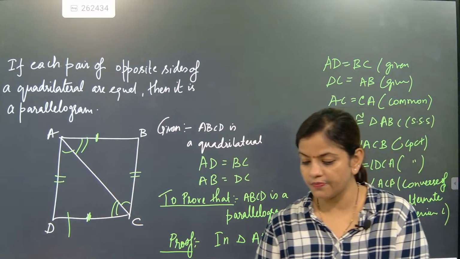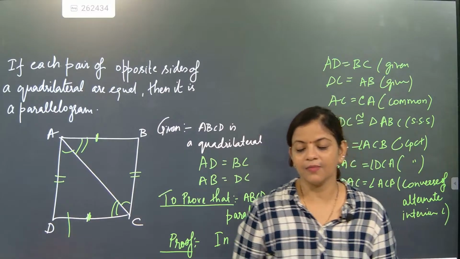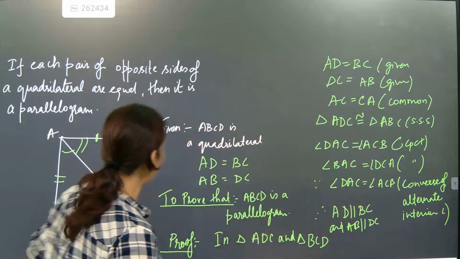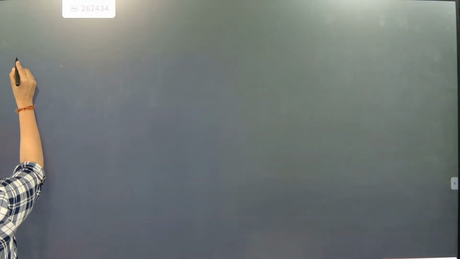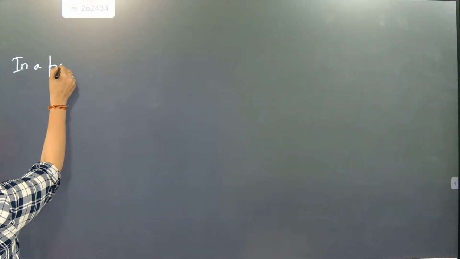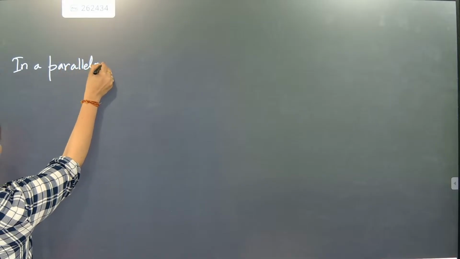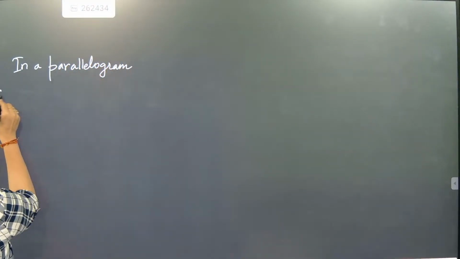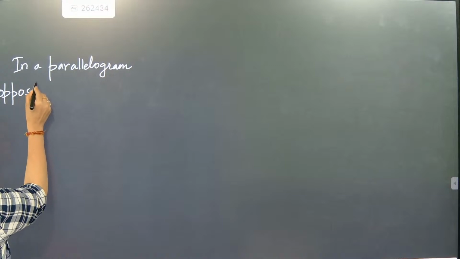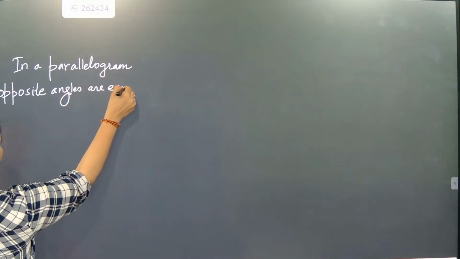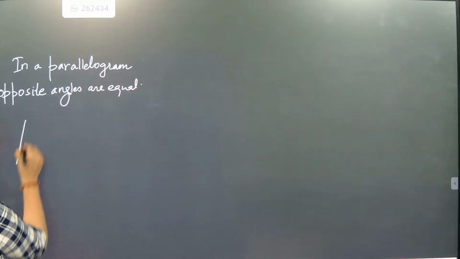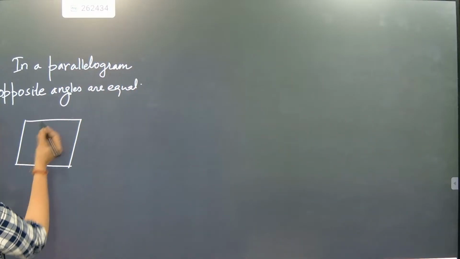So what you are going to do first: this is a parallelogram given, beta.